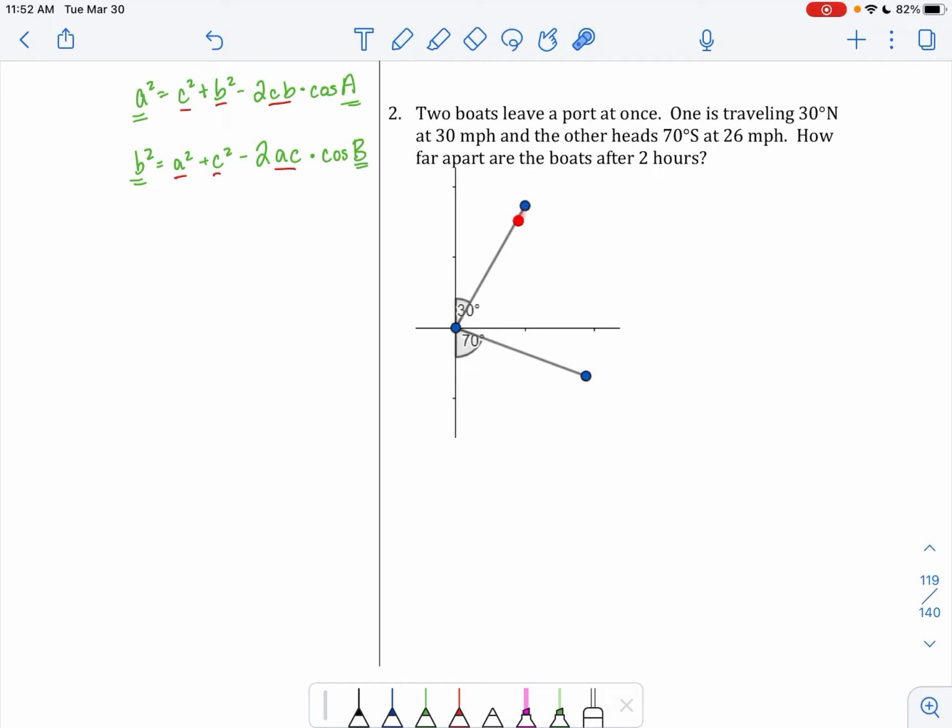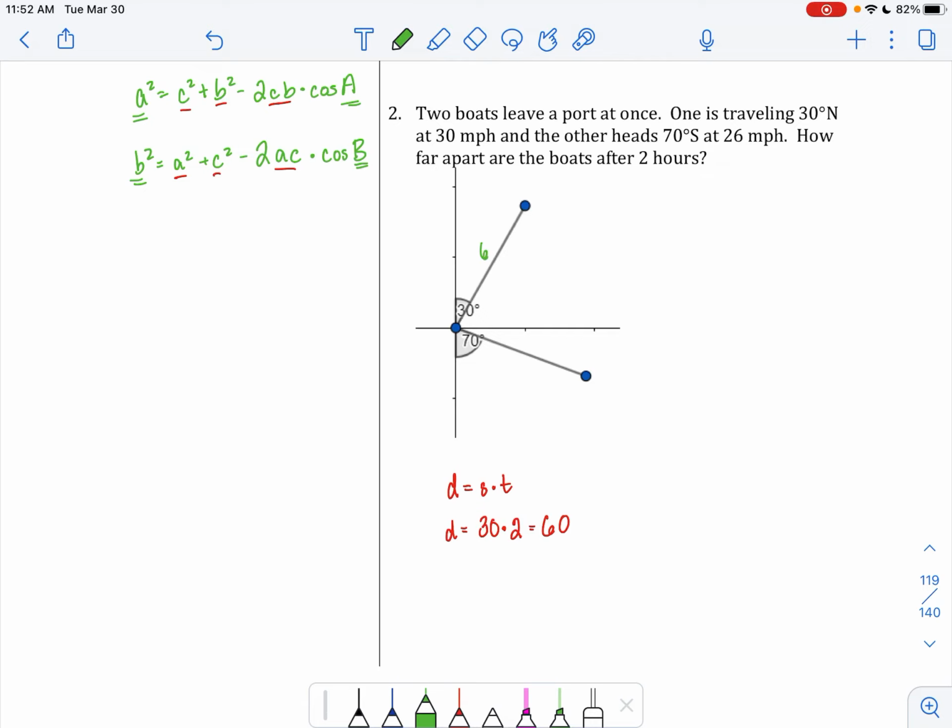So the first thing I'm going to do is find the lengths of these, and then the angle here. And the way that I'm going to find the distance the boats have traveled is I'm going to use the basic formula from physics. Distance is equal to speed times time. So for both of these, the speed is different, but the time is 2 hours. So for the first one, I get 30 times 2, which is 60.